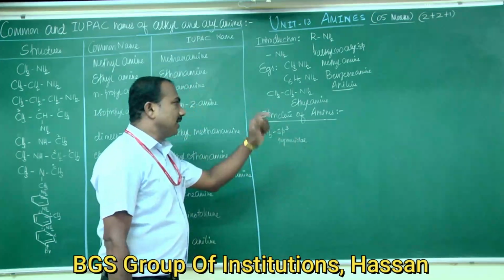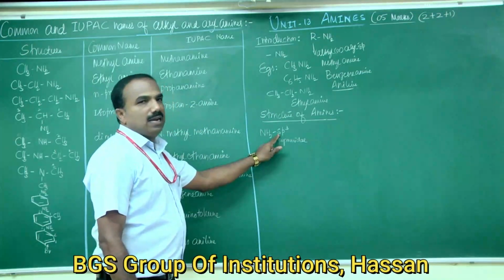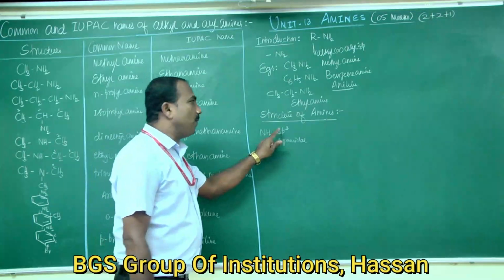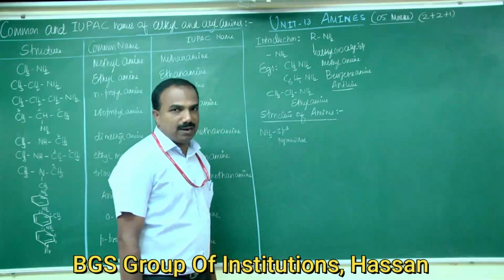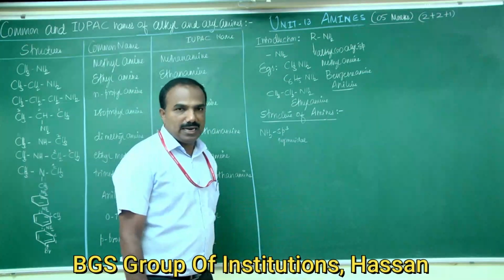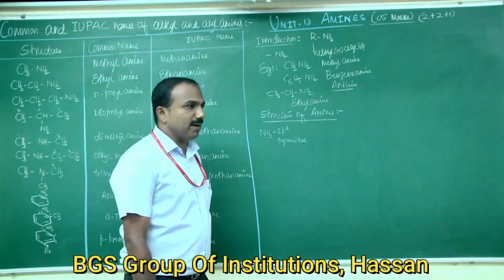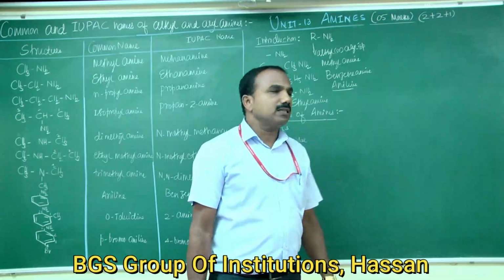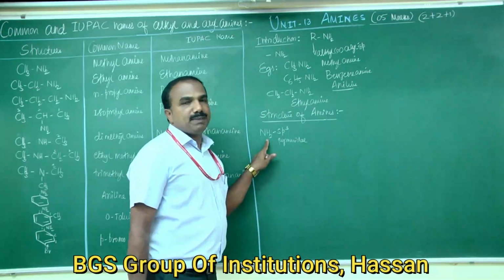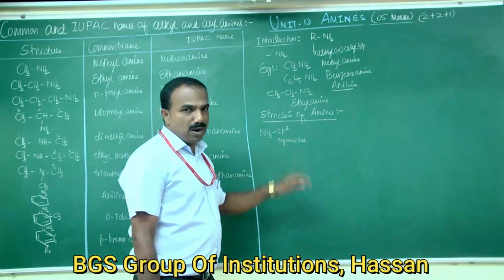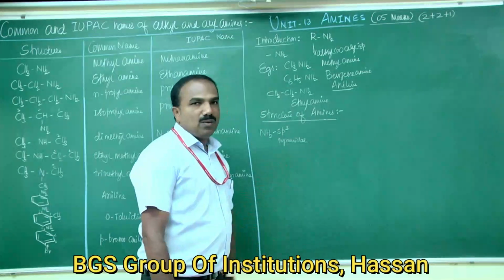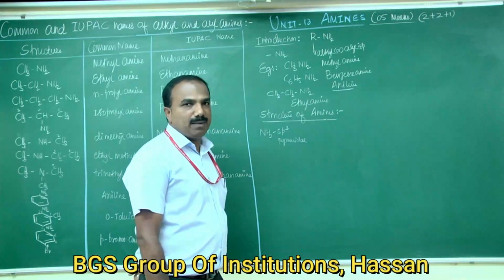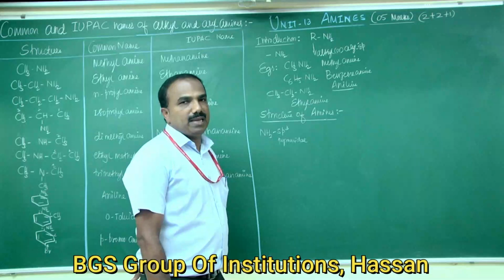Therefore, amines form 4 identical sp3 hybrid orbitals. Out of the 4 sp3 hybrid orbitals, 3 form bond pairs and the other one forms an unshared pair of electrons.